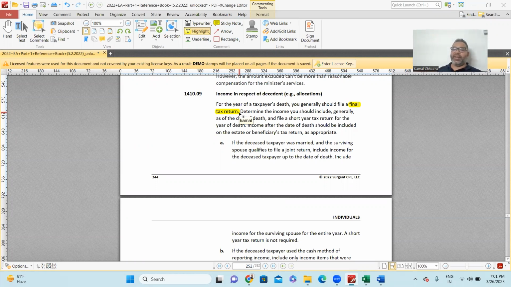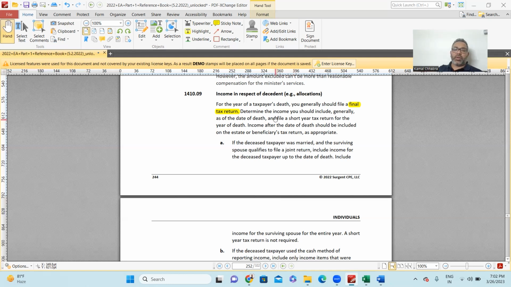So it is called the final tax return. So here we need to determine what income needs to be included in the final tax return, generally as on the date of death, and file a short tax year return.